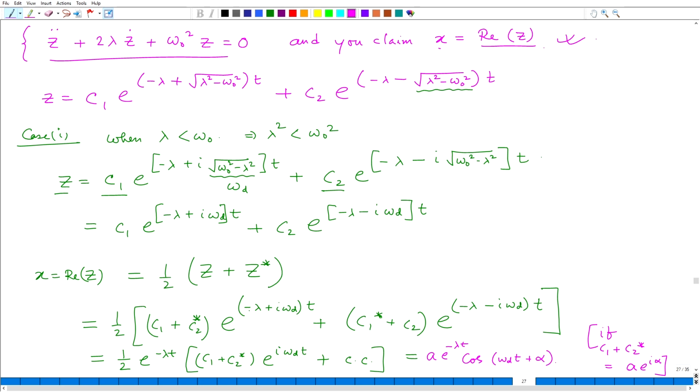So, first you write this thing and then you write the other one. What will be the complex conjugate?